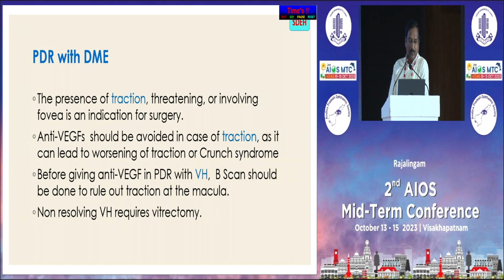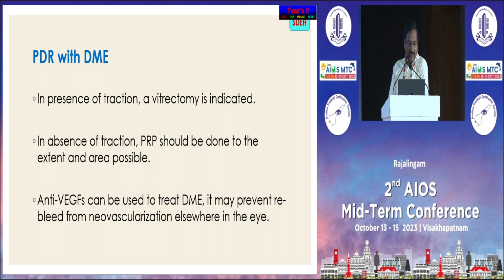The presence of traction threatening or involving the macula is an indication for surgery. Anti-VEGF should be avoided in case of traction, as it can lead to worsening of the traction or crunch syndrome. Before giving anti-VEGF in PDR with vitreous hemorrhage, B-scan should be done to rule out any traction involving the macula. Non-resolving vitreous hemorrhage always requires surgery.